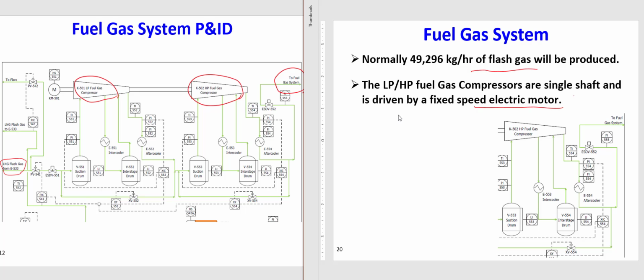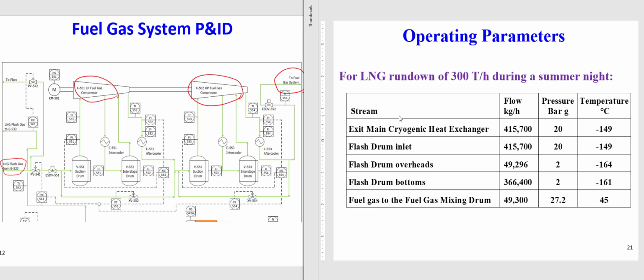And okay, the last slide is a typical LNG production plant that is producing about 300 tons per hour of LNG product, in the summer night.